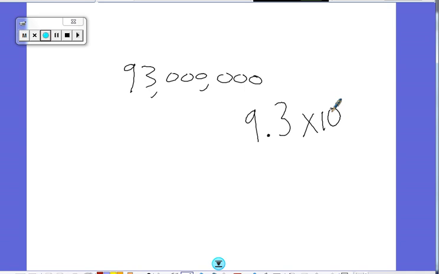It's the 7th power because we already said that was in the 10 millions place. Another way to do that, if you don't have that chart handy, is count how many decimal places it is from here to the end. It's 1, 2, 3, 4, 5, 6, 7. That's how you know. You don't have to memorize the chart. You just count your decimal places. And then you're done.